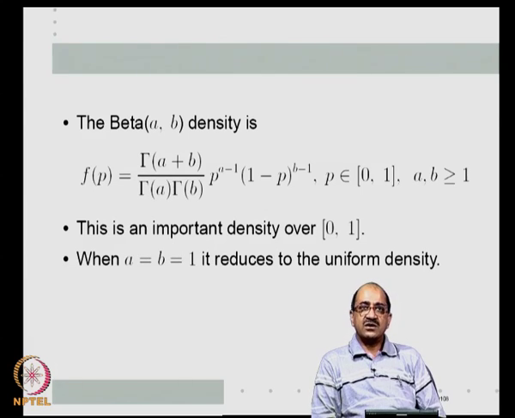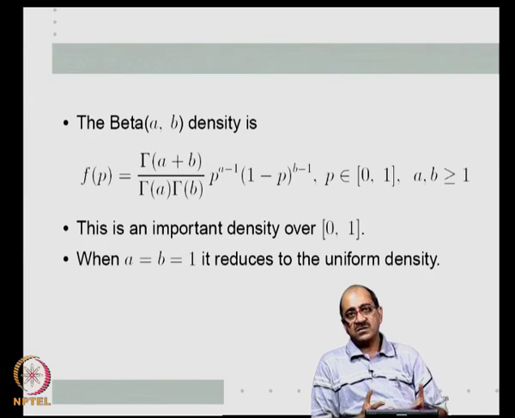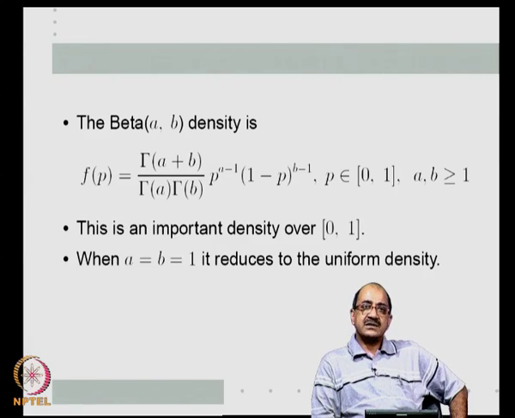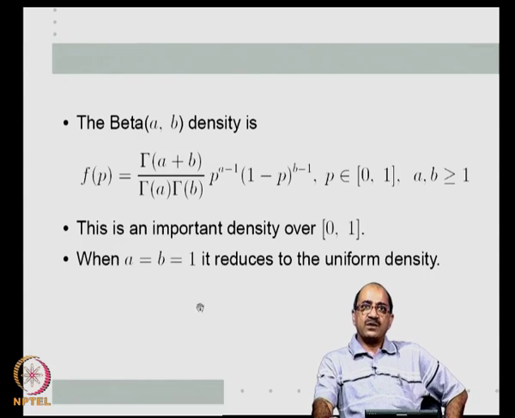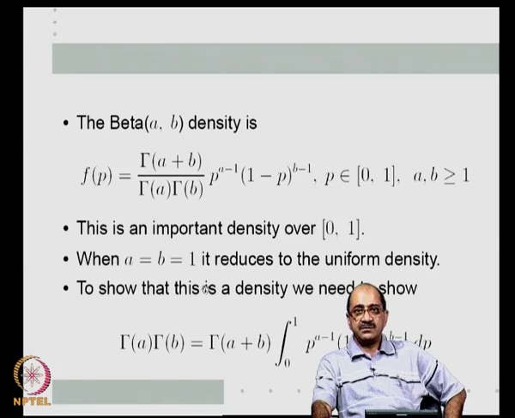So, that is how we would be able to give some view to our initial views about the values of p. We will come back to that again later, but just right now let us remember that a equal to b equal to 1 reduces to the uniform density.